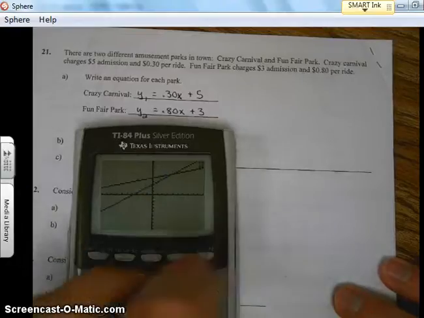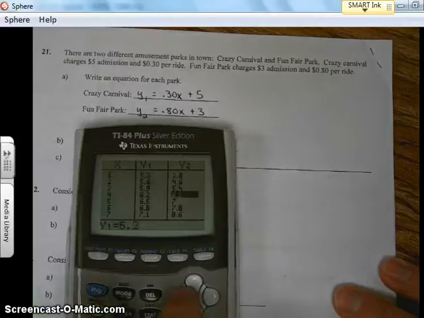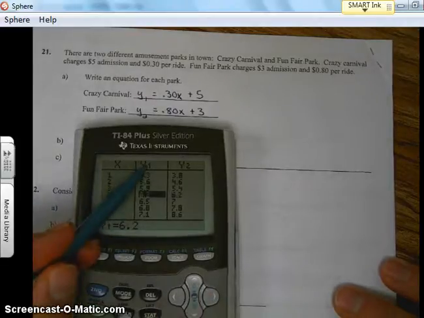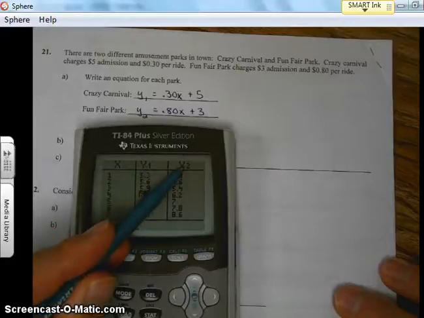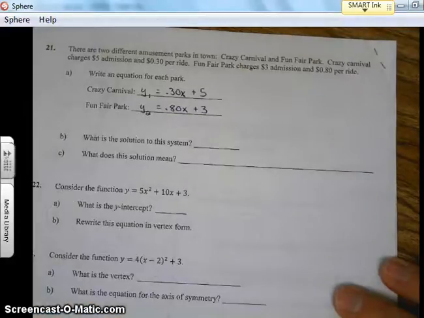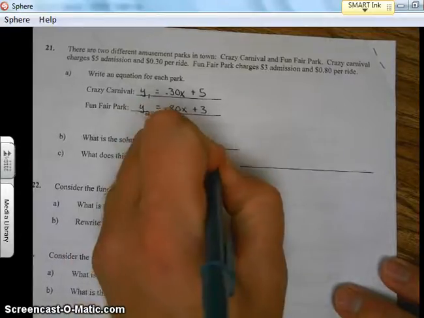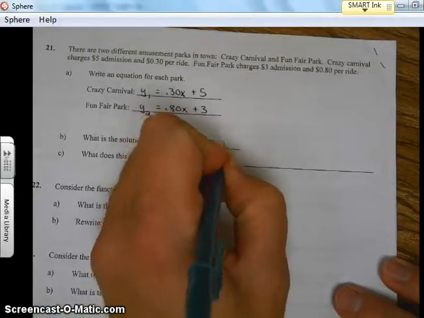So I'm going to go to my table, and it looks like they're going to be $6.20 for both Crazy Carnival and Funfare at 4 rides. So for 4 rides, it's going to cost $6.20.